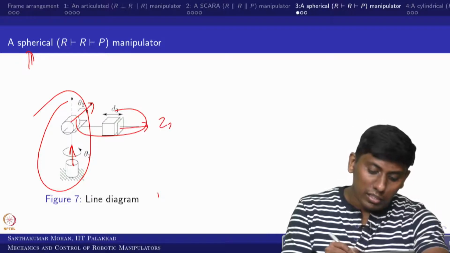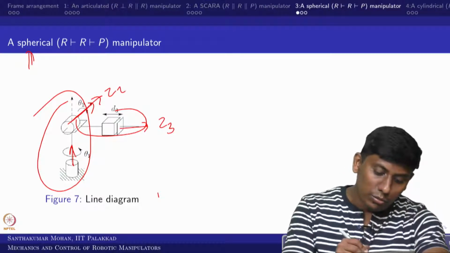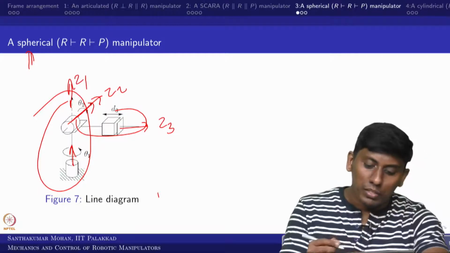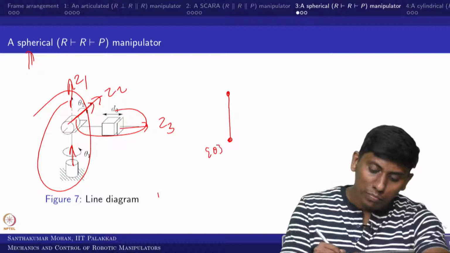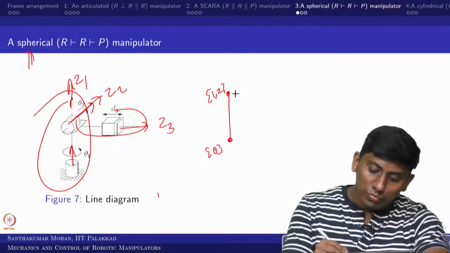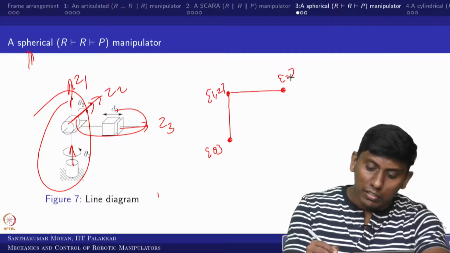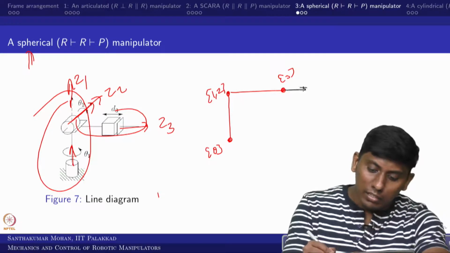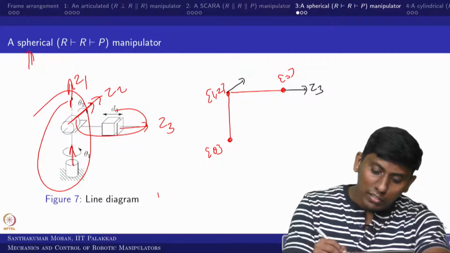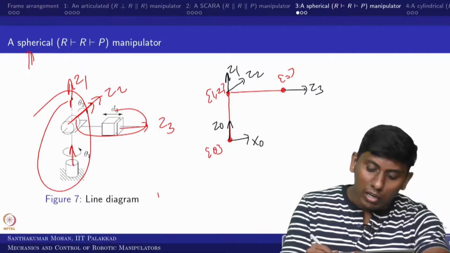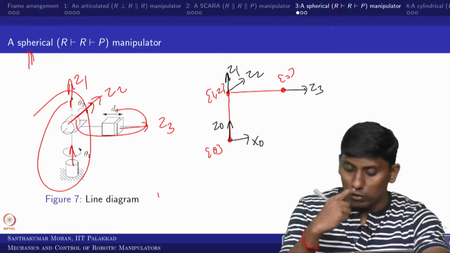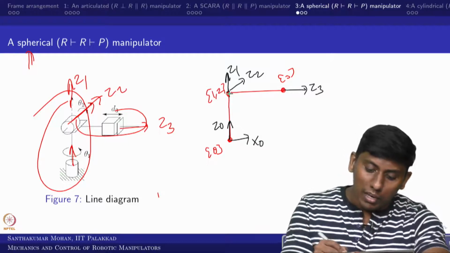Now this is Z3, this is Z2 and this is Z1. So we can see this is 0, this is 1 and 2, and this is 3. Further, this is Z3, this is Z2, this is Z1 and this is Z0. So x0 is fixed with respect to Z1 and Z0. These two are parallel, and these two are the plane containing the progressing side.